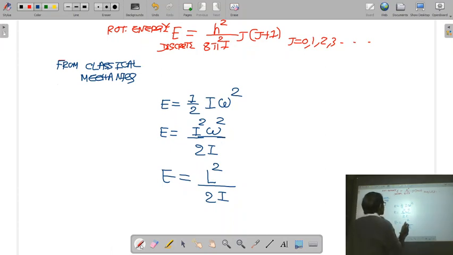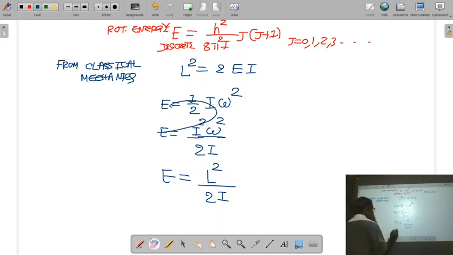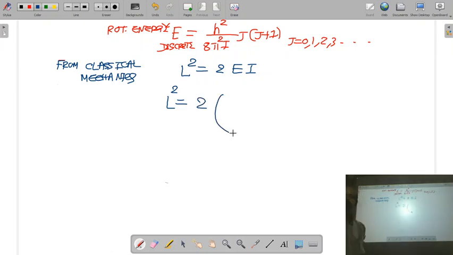From this equation, L square is equal to 2EI. I put the rotational energy of the rigid rotator from the above equation.